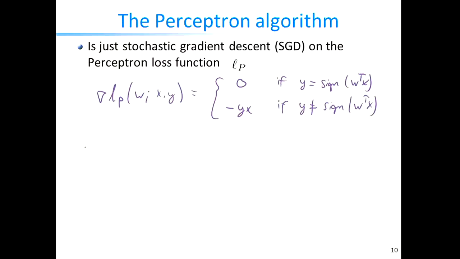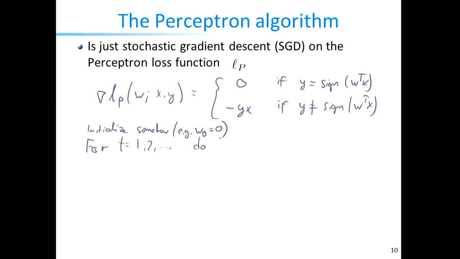That means the algorithm essentially just iterates. You start by initializing w somehow, e.g. set it to 0, or some other value.